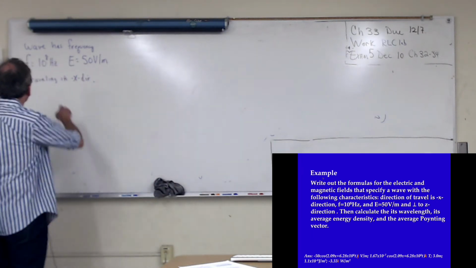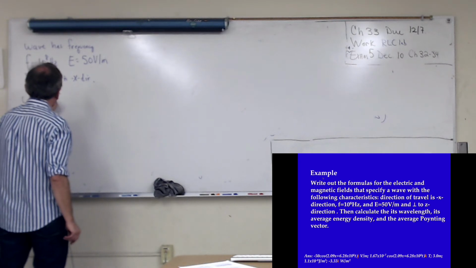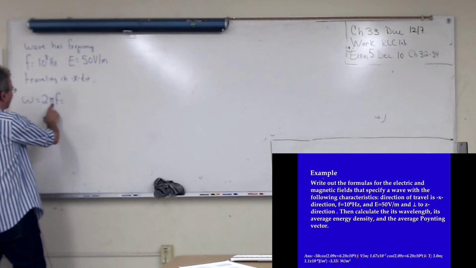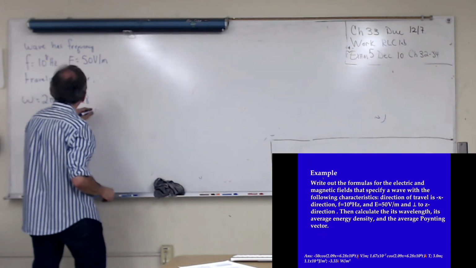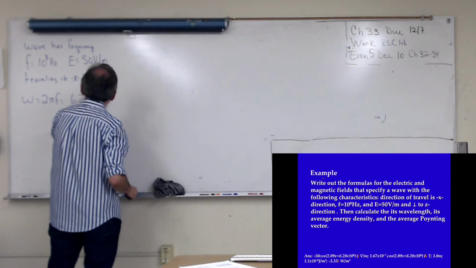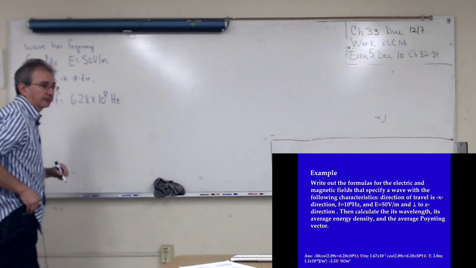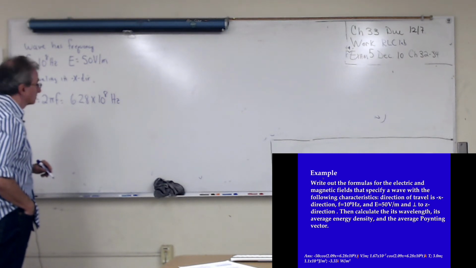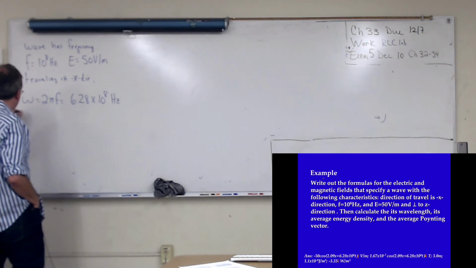So if this is F, omega is 2 pi F. 2 times pi is 6.28. What is the wavelength?